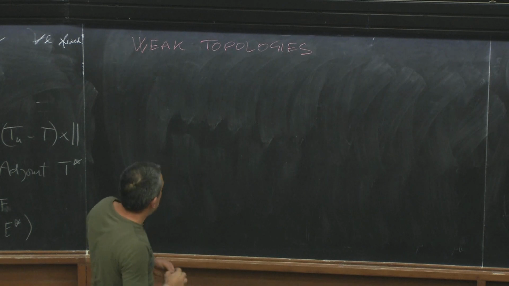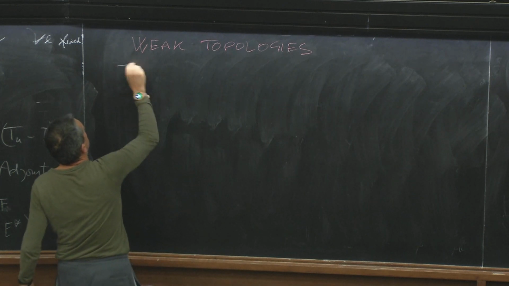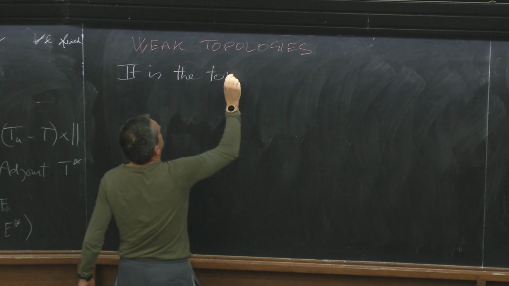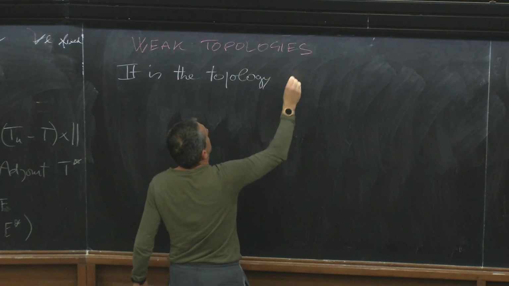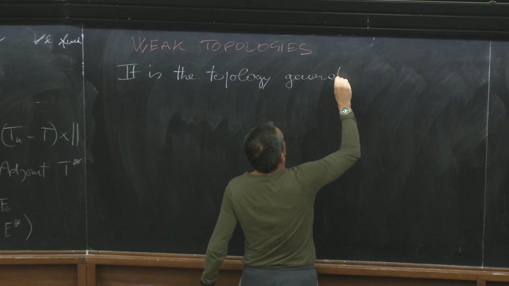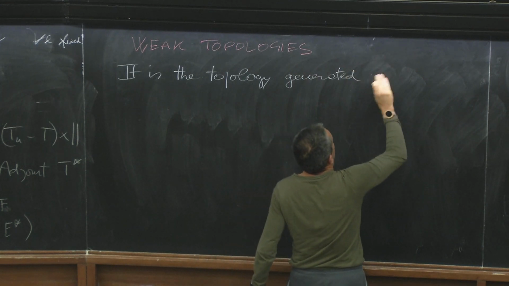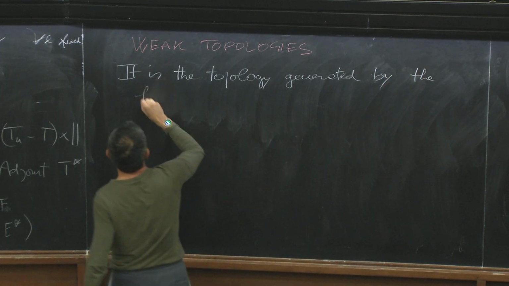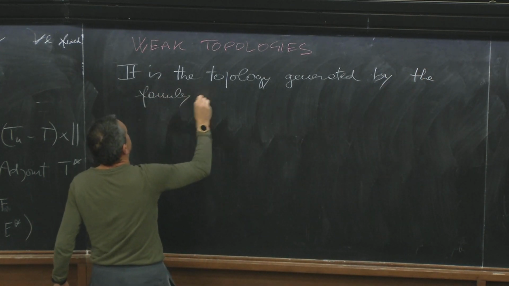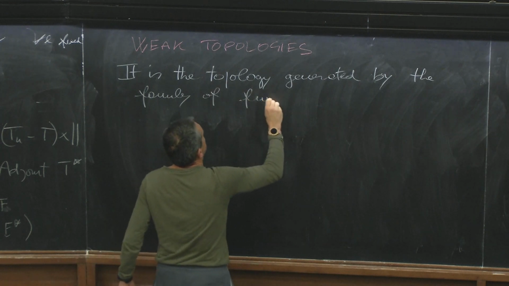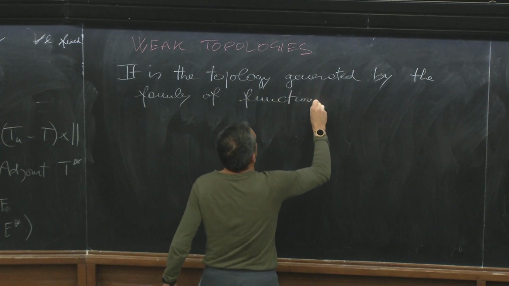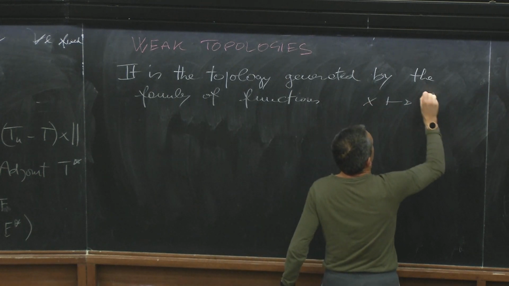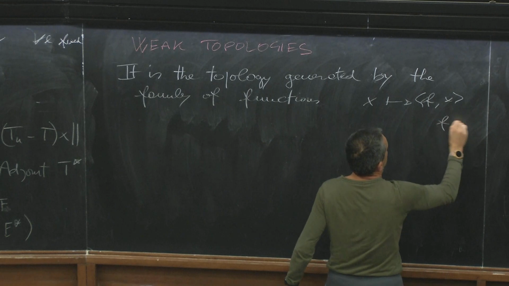So the weak topology is the topology generated by the family of functions x maps to f(x), where f is in the dual.